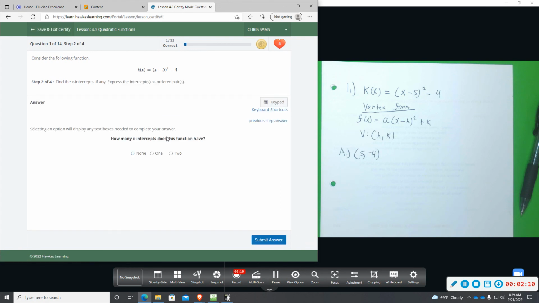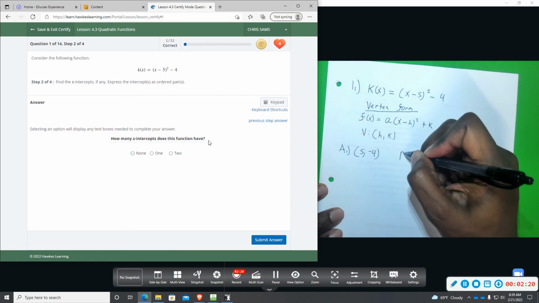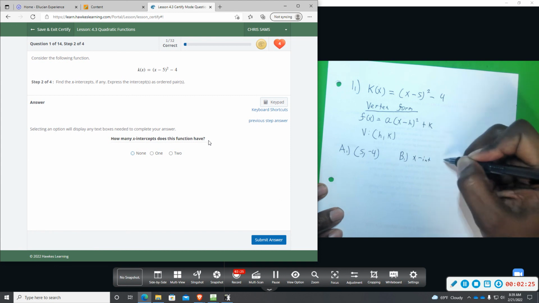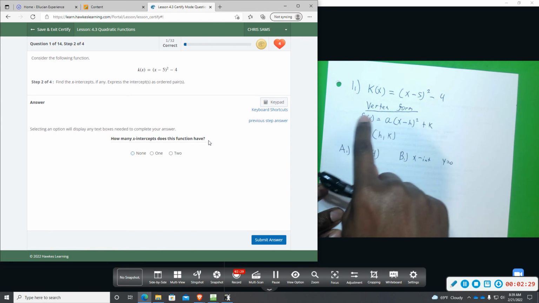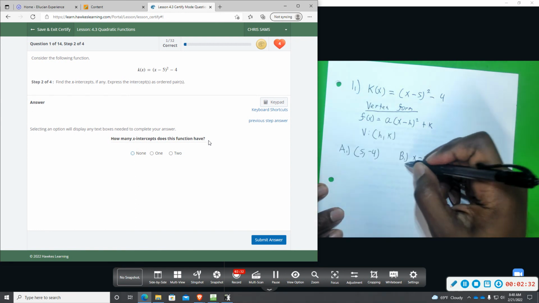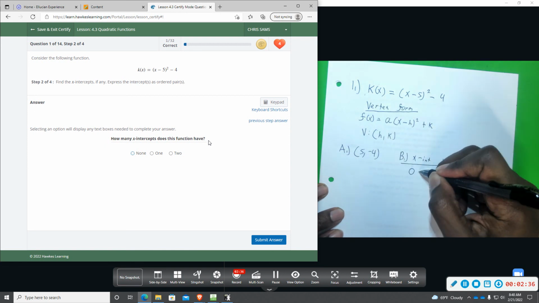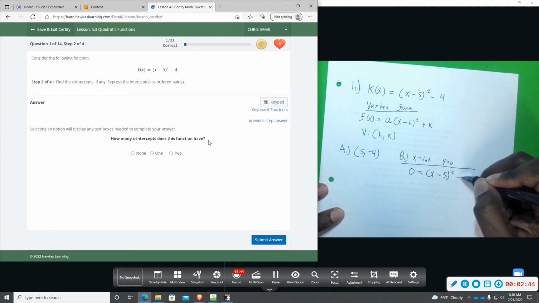All right, so now we want to know how many x-intercepts the function has. So in order to find that, we want to find the x-intercept. Remember, the y value is 0. And in this case, our y is our function part, so the k of x. So what I'm going to do is set this equal to 0. So I'm going to have 0 equals x minus 5 quantity squared minus 4.